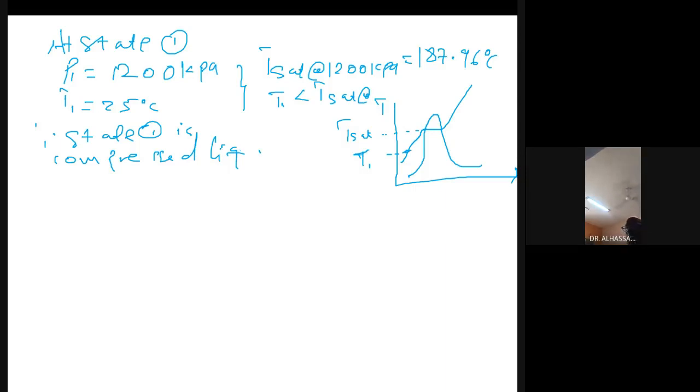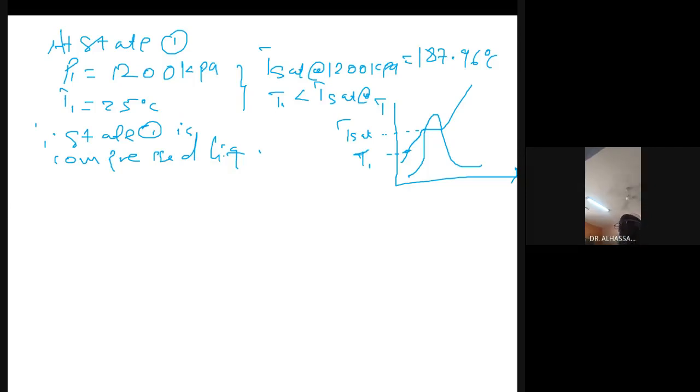If it is compressed liquid, then we need to go to the compressed liquid table to look for the properties. But I've told you, at the compressed liquid state, at this pressure and temperature, you will not find the properties of the fluid or the enthalpy. So we will make an assumption. I think I've discussed this in class with you at the very beginning of the semester.